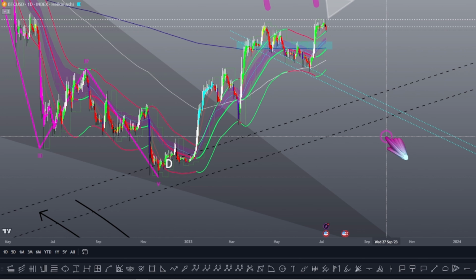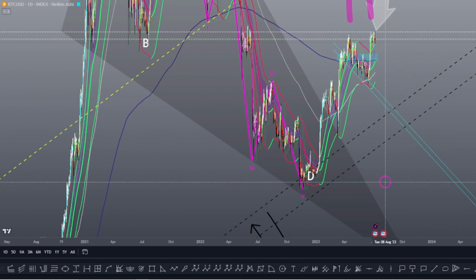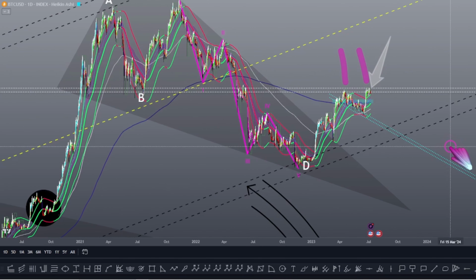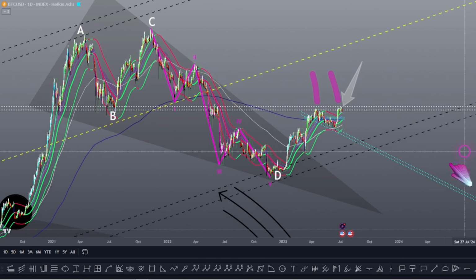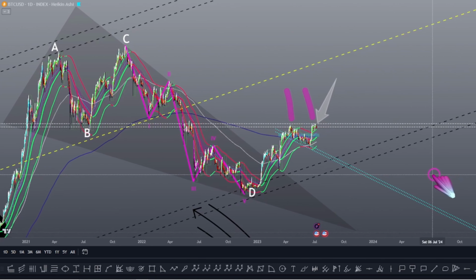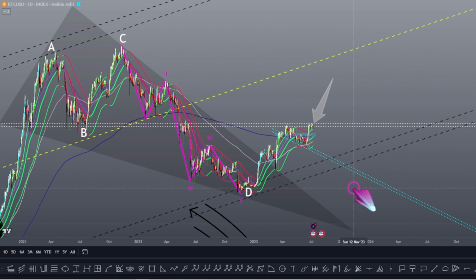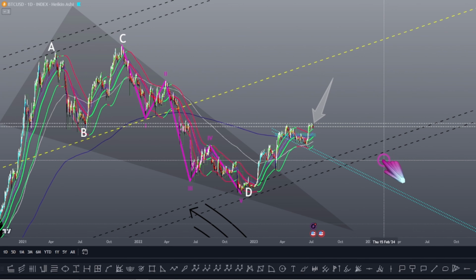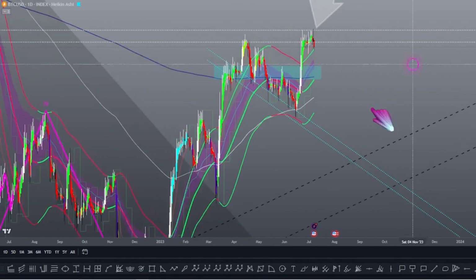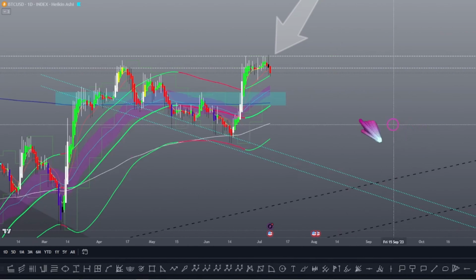But until then, if I'm going to give any type of advice here, there's really no reason to worry until it starts to lose 20,000, and worst case scenario, 18.7 thousand. Right now it still holds. Really nothing much has changed since my last video, which was 12 days ago. In the medium term we've just been ranging in the rough $30,000 range.